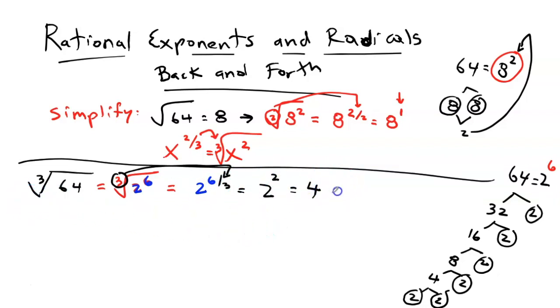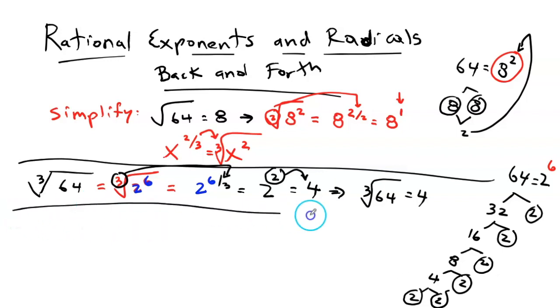So that means cube root of 64 is 4. And you didn't have to use the perfect cubes, we just used exponents. All right? Remember, as soon as I have a whole number as my exponent, that means a number that is outside the radical.